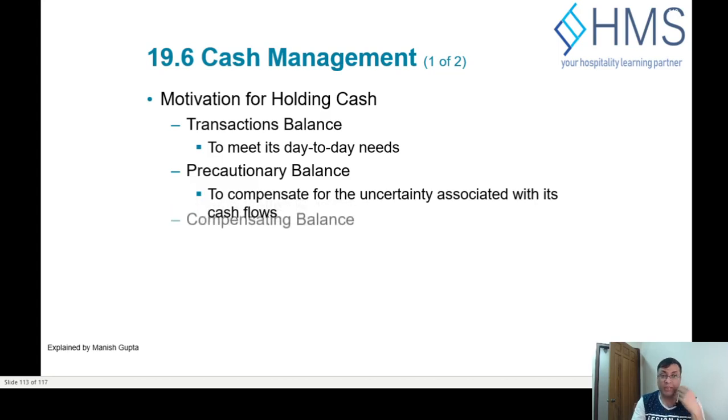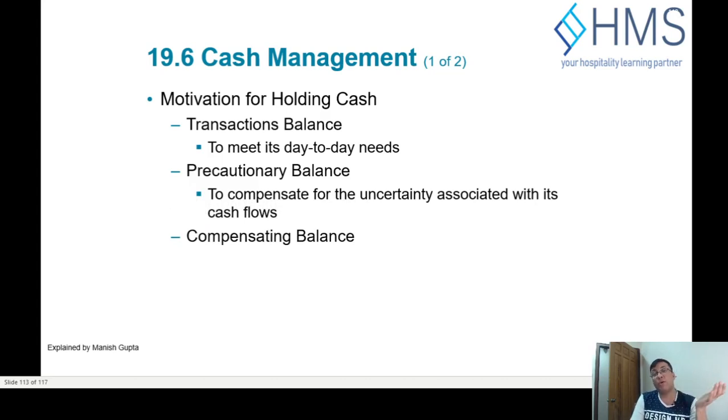That is called the precautionary balance. And then you have the compensating balance, meaning sometimes the bank may require you to maintain some minimum balance in your checking account, savings account, or current account, in order to avail the corporate banking services. So you may have to hold certain compensating balances.